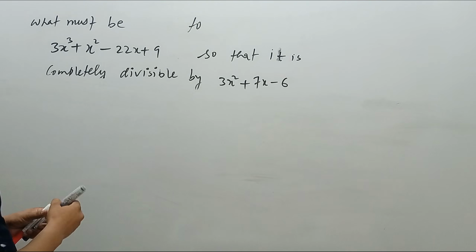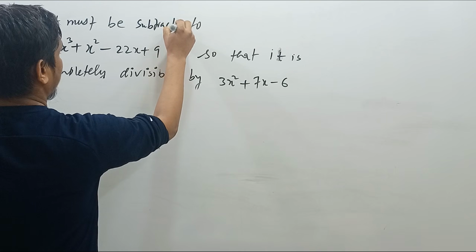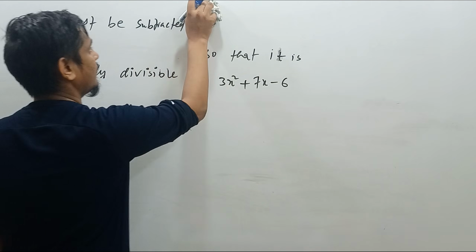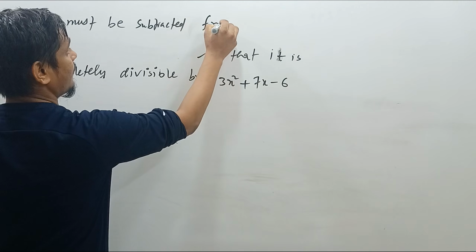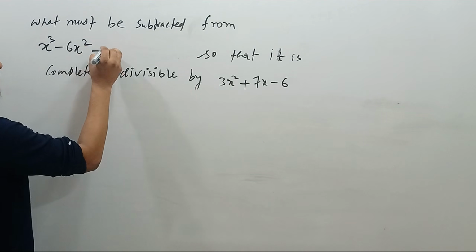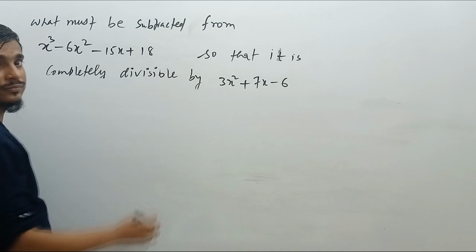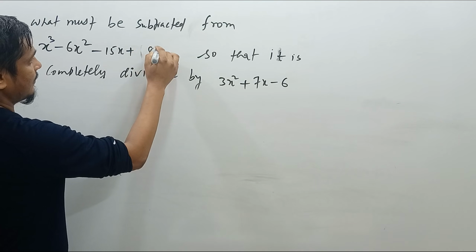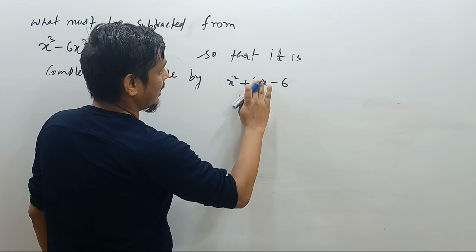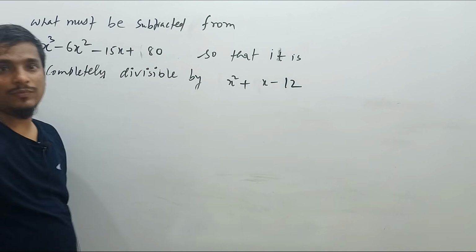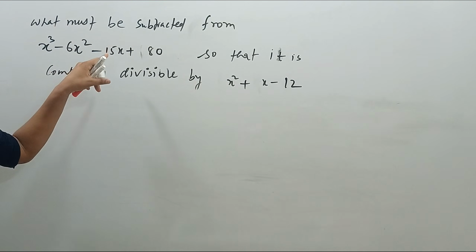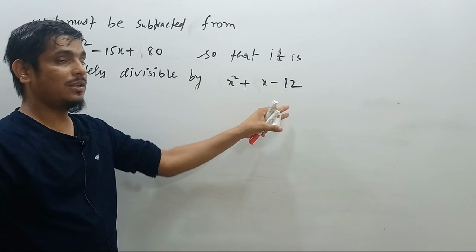What must be subtracted from the polynomial x cubed negative 6x square negative 15x plus 80, so that it is completely divisible by x square plus x minus 12?